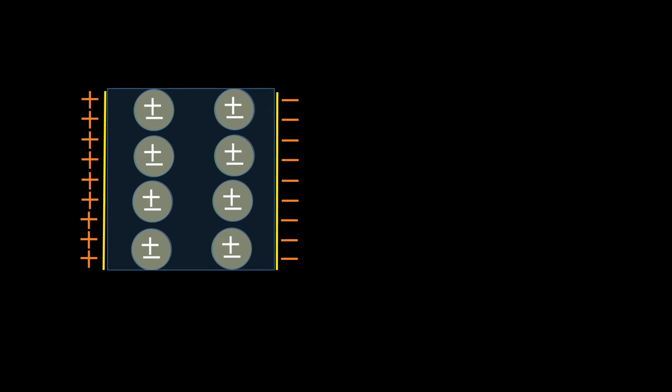We know that when we insert a dielectric between two plates of a capacitor, because of the free charges on the plates of the capacitor, there is some displacement of charges inside the dielectric, and as a result, we have a non-zero electric field produced.